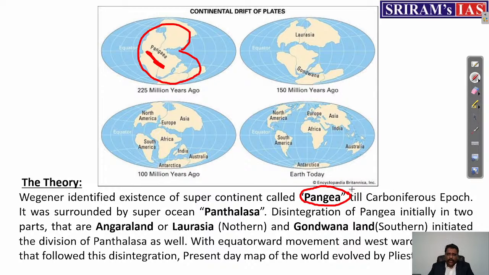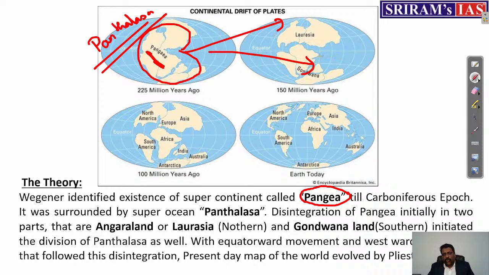Till the Carboniferous epoch. Pangaea was surrounded on all sides by another ocean called Panthalassa. And this Pangaea, my dear friends, initially got disintegrated into two land masses.